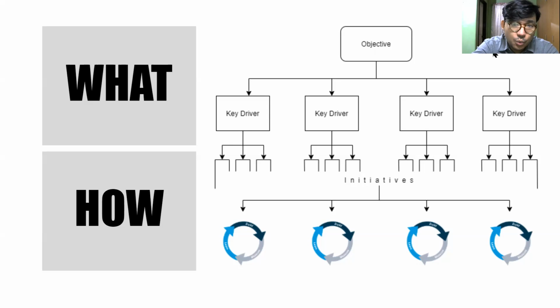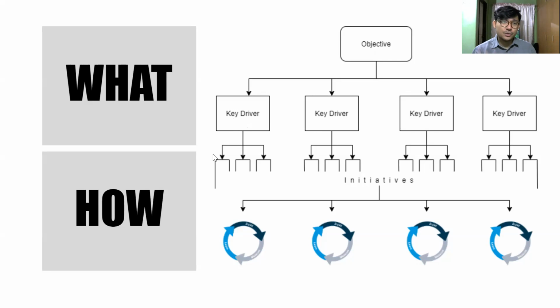Once you have these variables identified, you break these variables or drivers down even further. This portion can actually have multiple levels. Per variable or per key driver, it can have its own key drivers, its own variables.